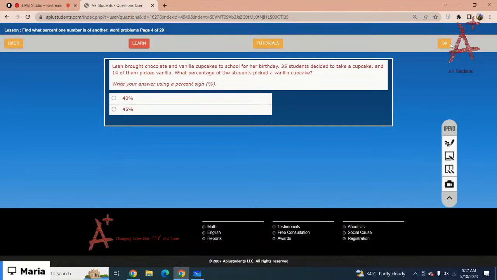Okay, the next one is Lee brought chocolate and vanilla cupcakes to school for her birthday. 35 students decided to take cupcakes and 14 of them picked vanilla. What percentage of the students picked a vanilla cupcake? So, which is the correct option?